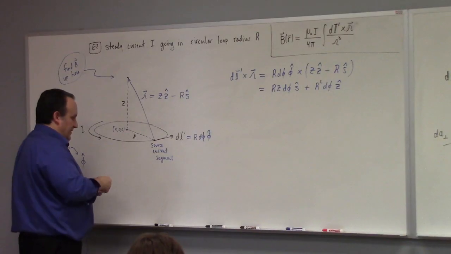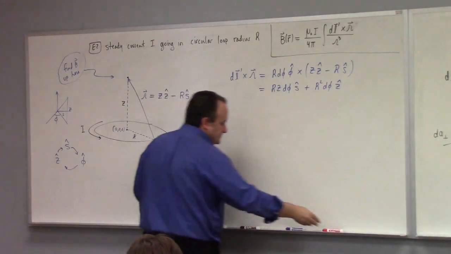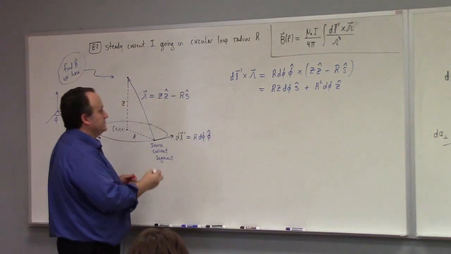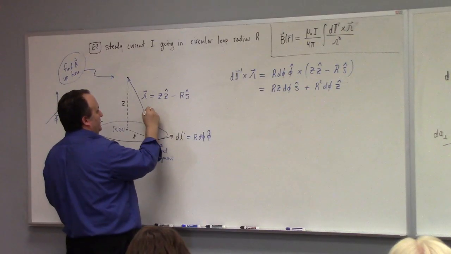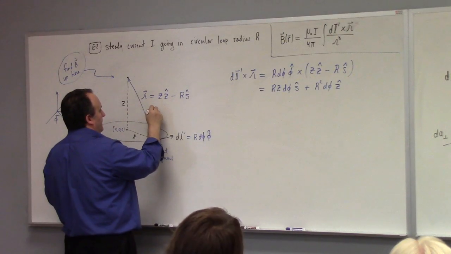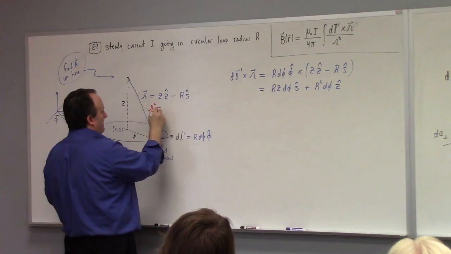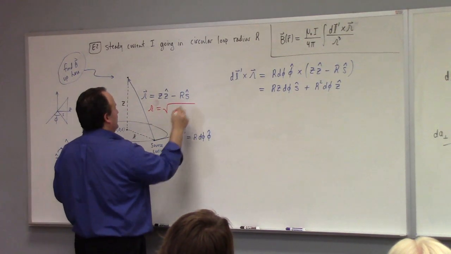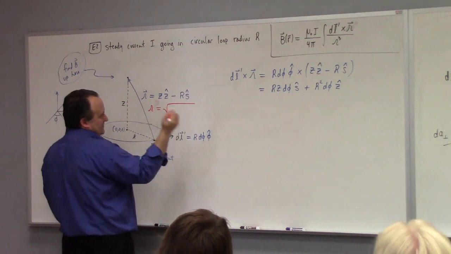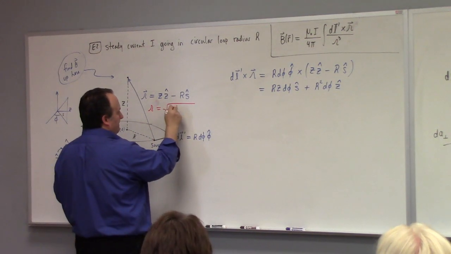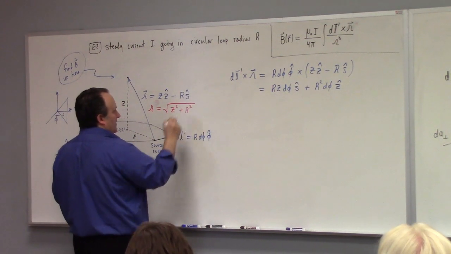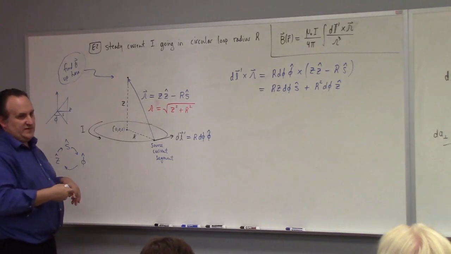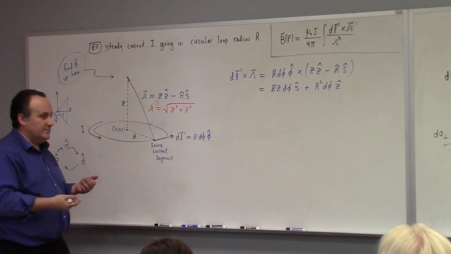Now, by the way, what's script r cubed here? What's script r squared, rather? Fine, I'll write it with a square root. I can afford a square root. So it's just z squared plus r squared, yeah? That's what makes this a super nice, like, physics 232 problem, actually, right?